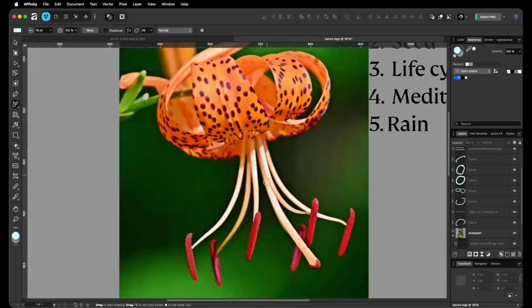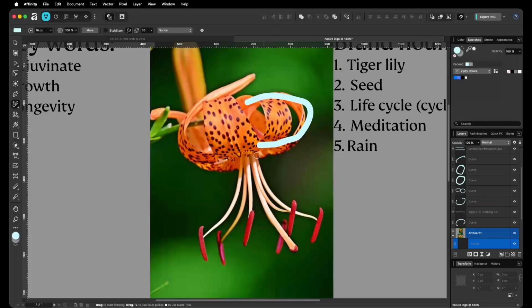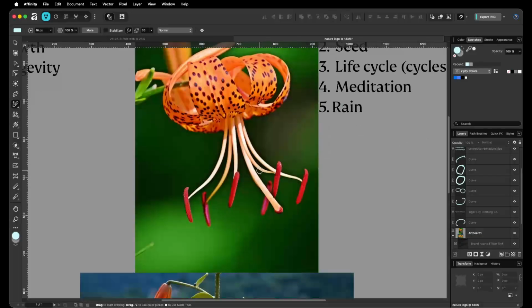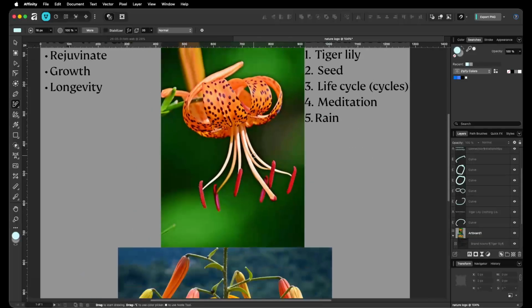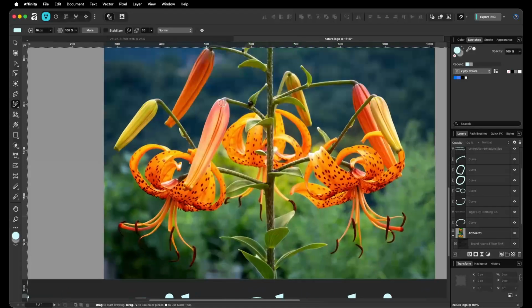So with those in mind, we have the curling petals and then these things sticking out. That's the most identifiable characteristics of a tiger lily. So I'm going to build off of that to create this concept. And of course the flower links to the stem as well.